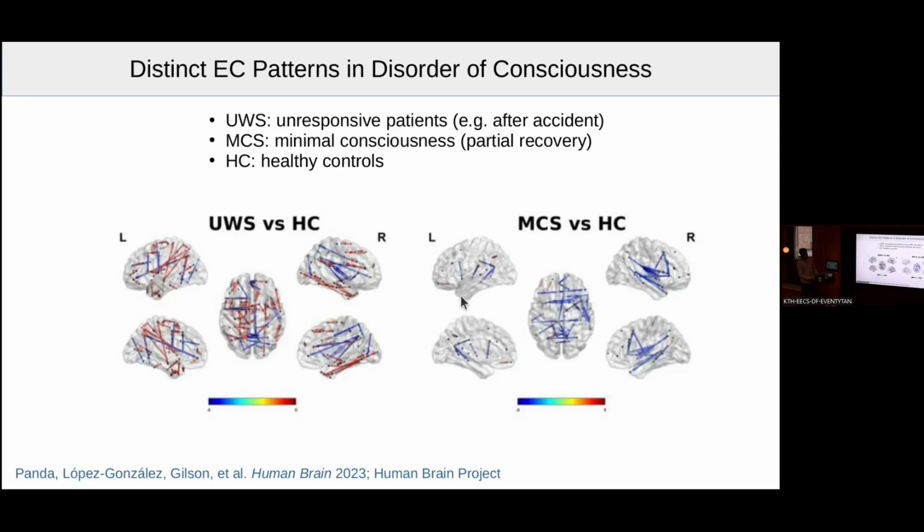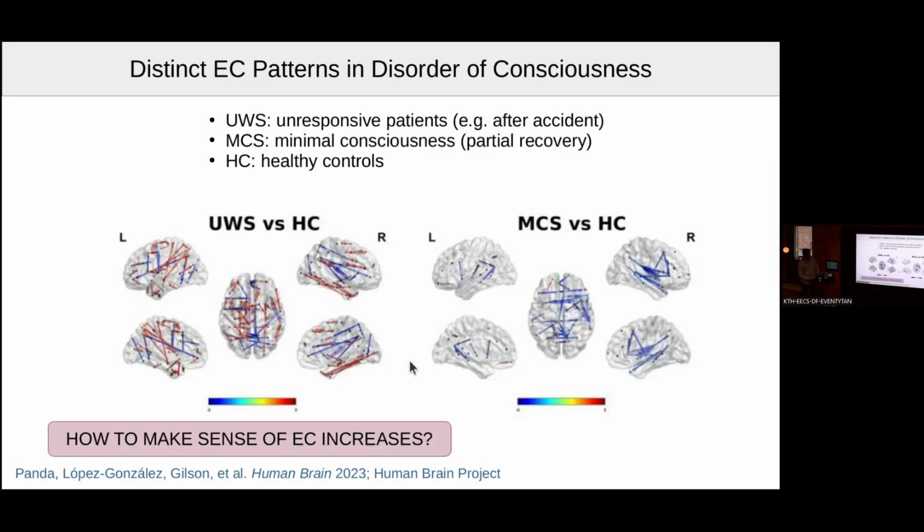Only significant interactions are shown here, significant differences. But here it's quite counterintuitive because you expect minimal consciousness to have a very low level of activity. So why would you have some increase of interactions there?